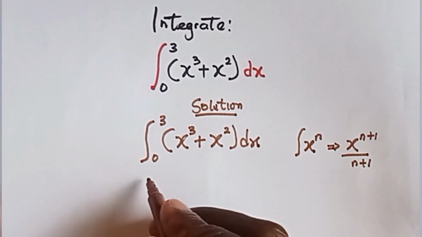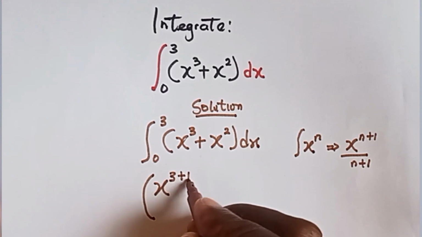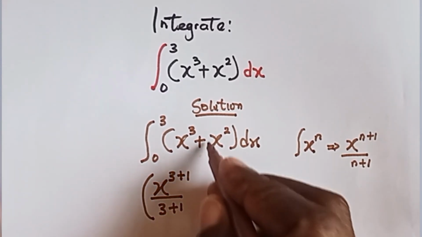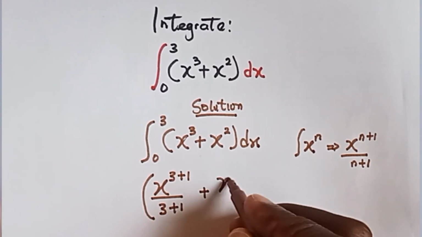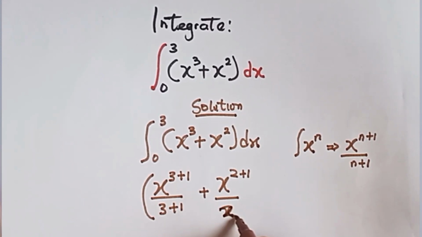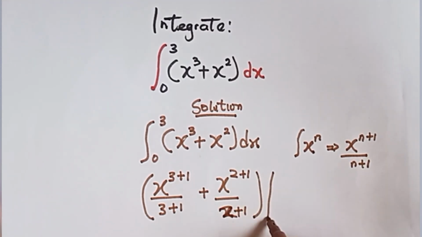So we have x^(3+1) over 3+1, plus x^(2+1) over 2+1. Then we have the limits, 3 and 0.